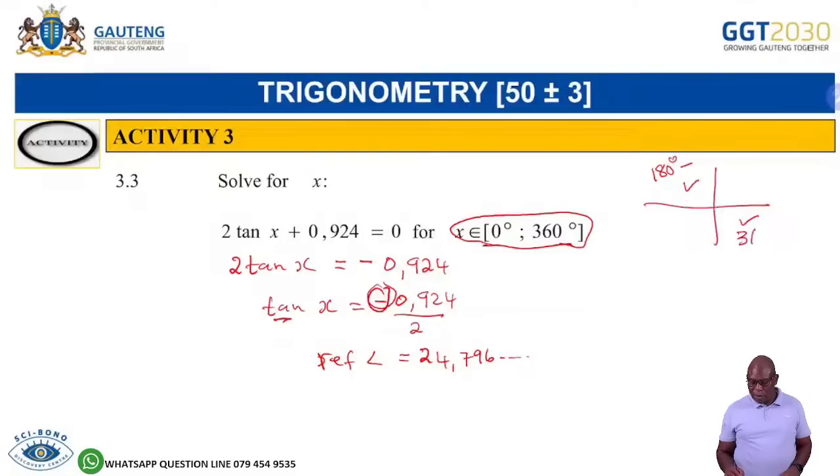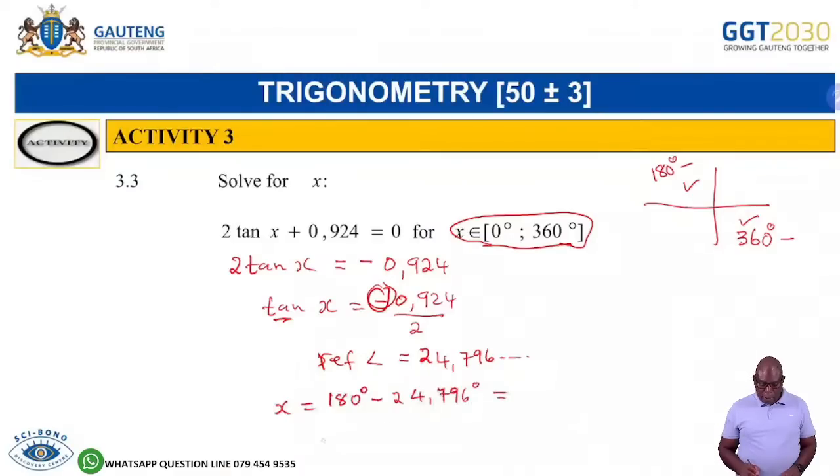There I use 360 degrees minus, according to my reduction formula. So I'm going to have two answers. One of the answers will be x equals 180 minus the reference angle. The other answer will be 360 minus the reference angle.